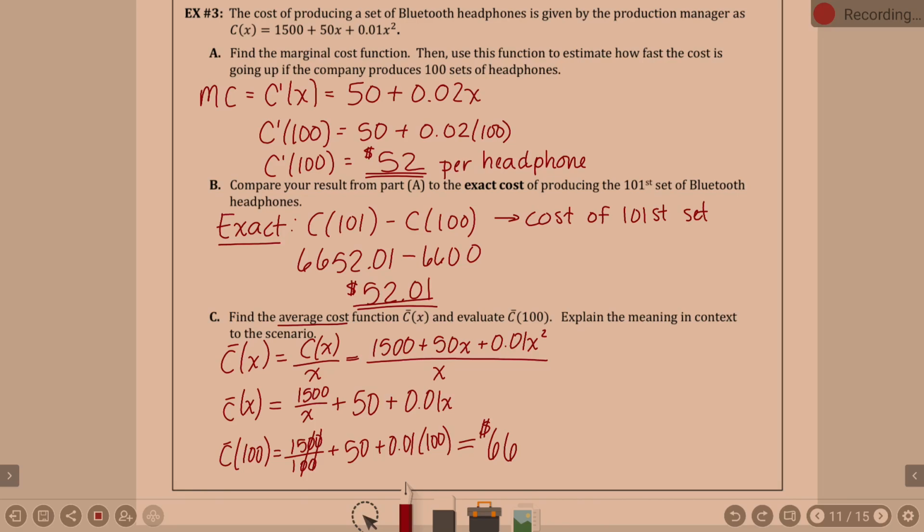Not when you buy 100, but when you produce 100. Okay? So first of all, we can say it is $66 per headphone set. But to explain the meaning in context, when 100 headphones are produced, the average cost is $66 per set.